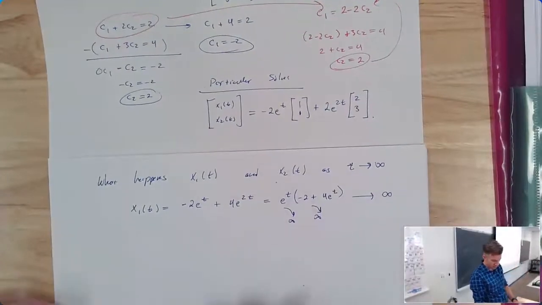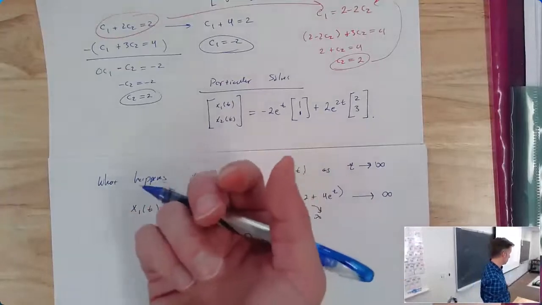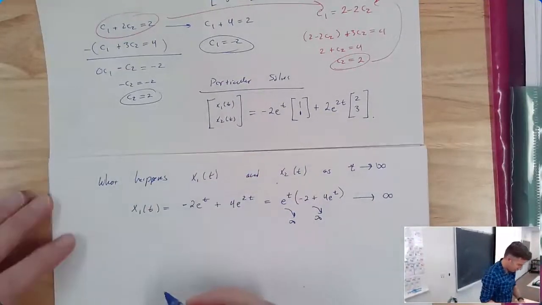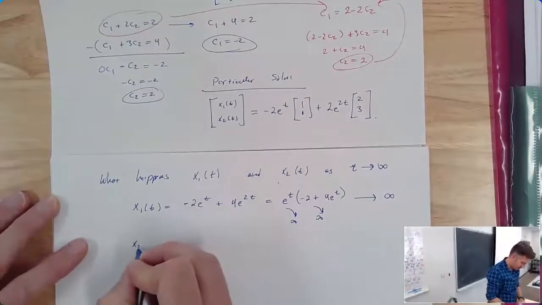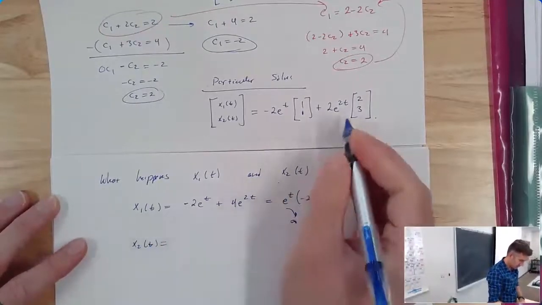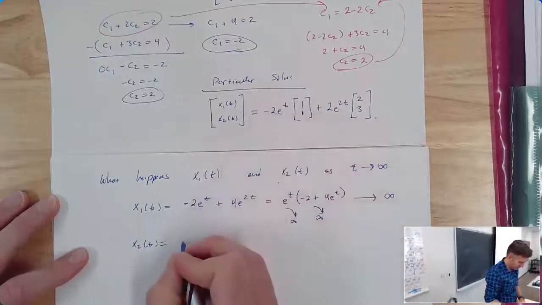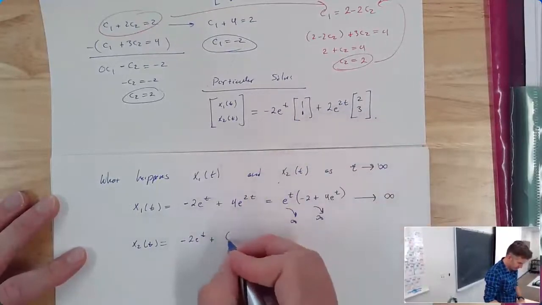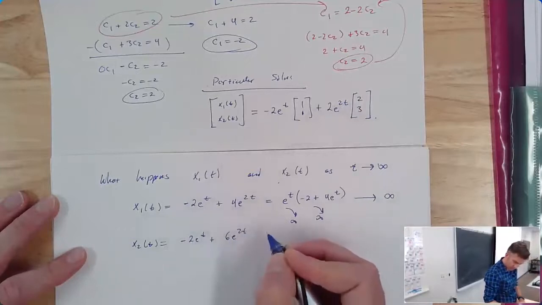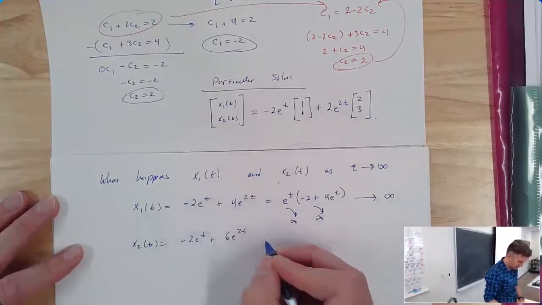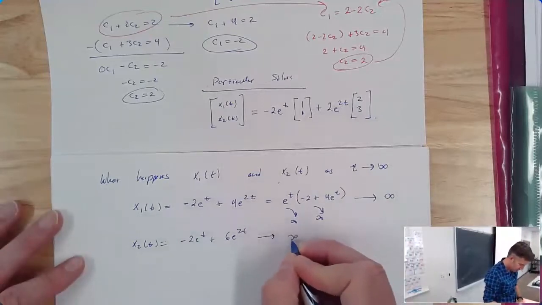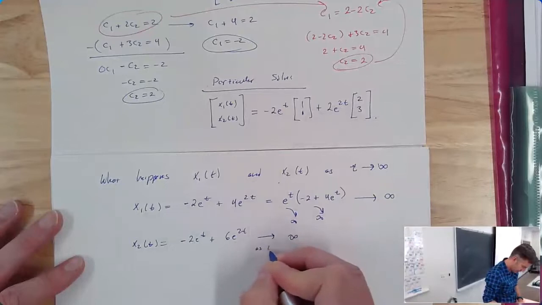So the population of wolves is getting infinitely large if you let the system go on without intervening in any way. In a similar way, you look at x2 of t. x2 of t is -2e to the t times 1 again, plus 2e to the 2t times 3. And that's also going to go to infinity in the same sort of way.